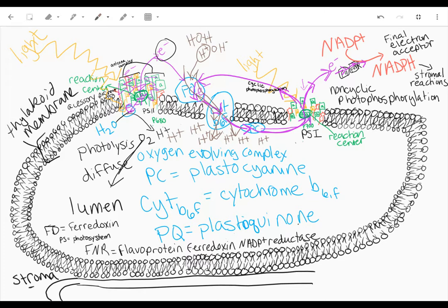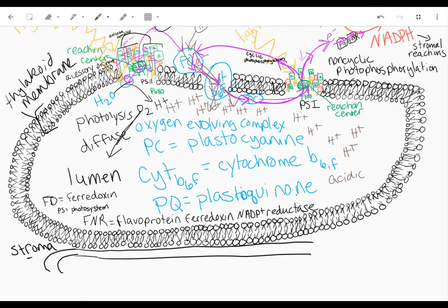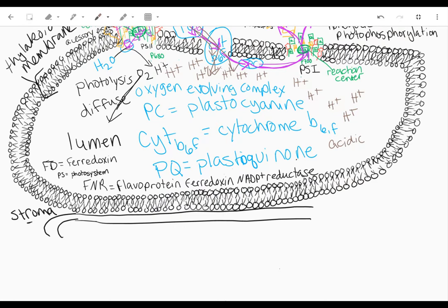All right, so we're building protons in this lumen space so that at some point it becomes relatively acidic compared to the outside area, which becomes relatively basic.